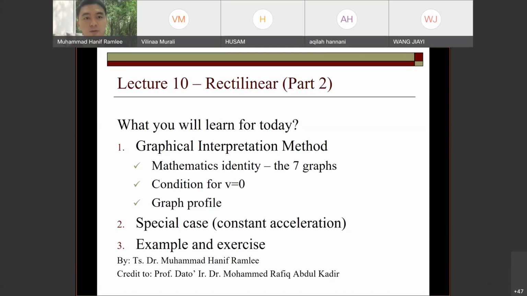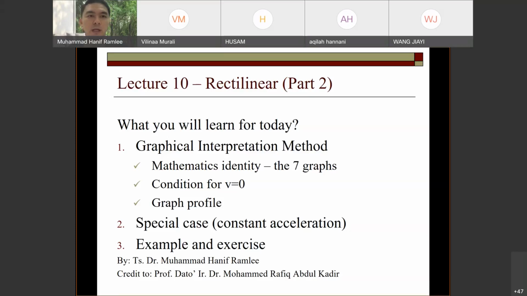The condition for v equal to 0, you already know about it. And the last one is of course the graph profile, where we can calculate the area under the graph to get the answer. And number 2, the special case, maybe not today, but it will be covered tomorrow, where for constant acceleration we can utilize formulas and equations to get the answer.